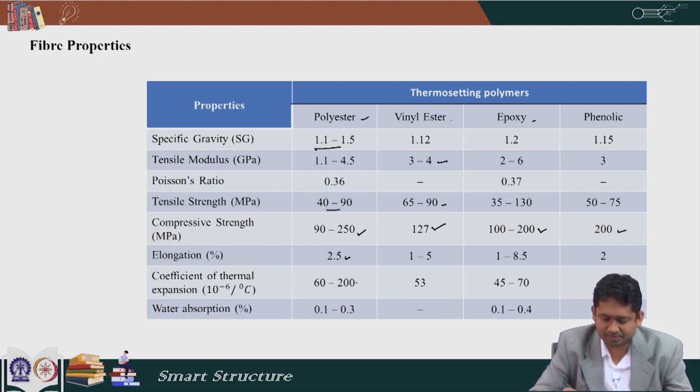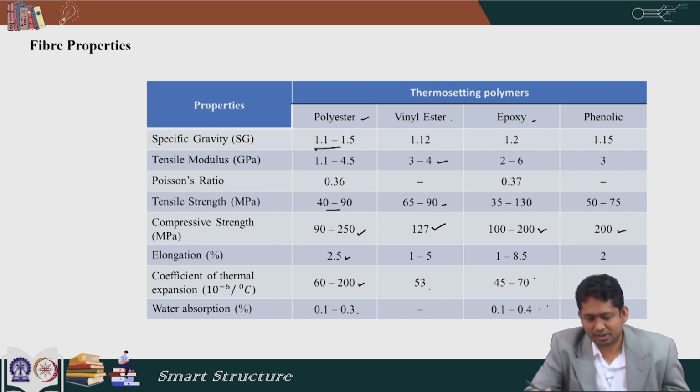Coefficient of thermal expansion is 60 to 200 times 10 to the power minus 6 per degree centigrade for polyester, and for vinyl ester and epoxy around 53 or 40 to 70 in the same unit. If you look at water absorption, polyester absorbs 0.1 to 0.3%, epoxy 0.1 to 0.4%.